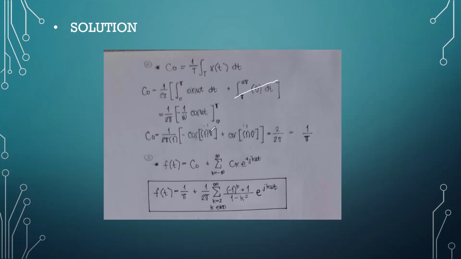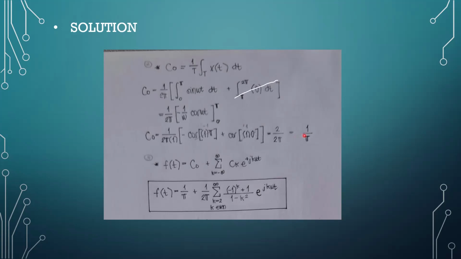Cosine pi is -1. Negative times negative is positive. So this is +1. Cosine 0 is 1. So 1 plus 1 is 2. So that's why this is 2 over 2 pi, which is equal to 1 over pi. So we have the value of c naught and the value of c sub k.